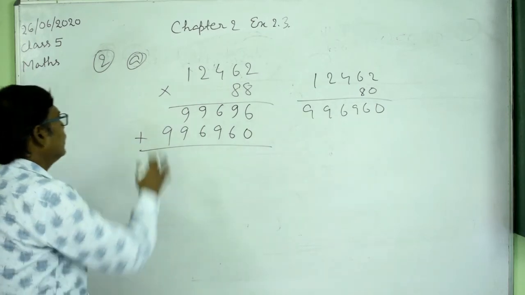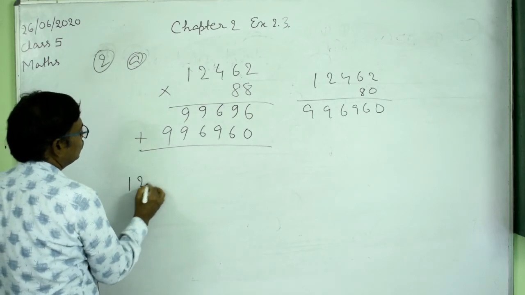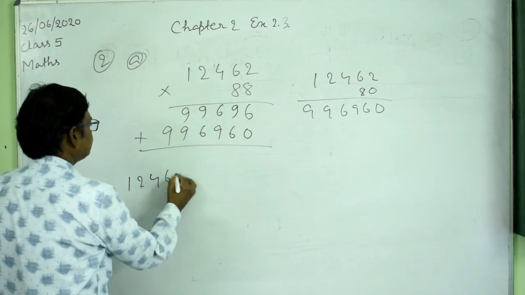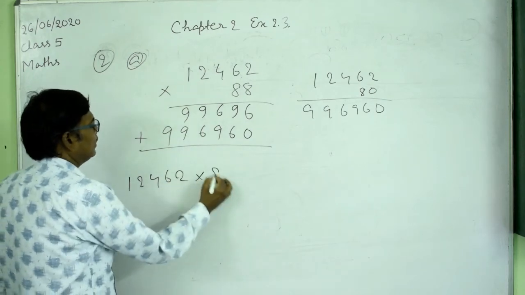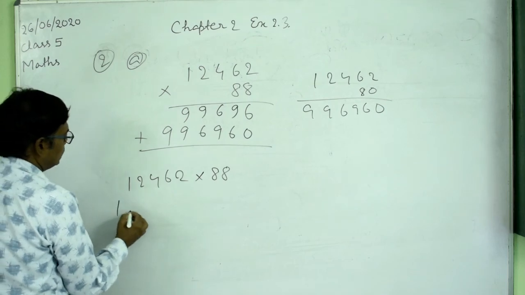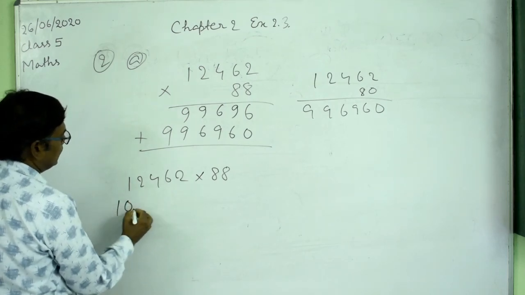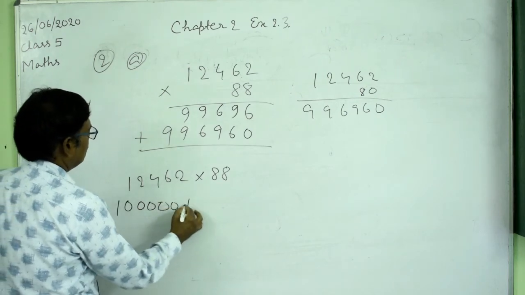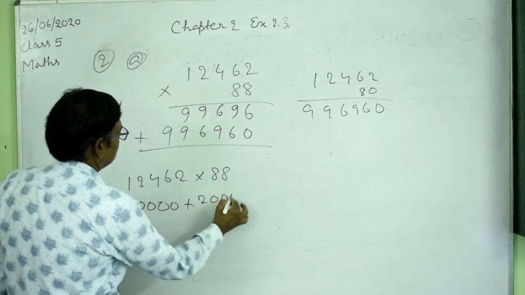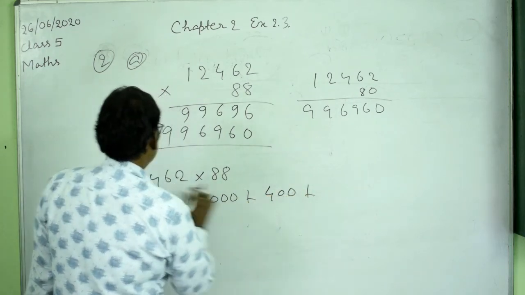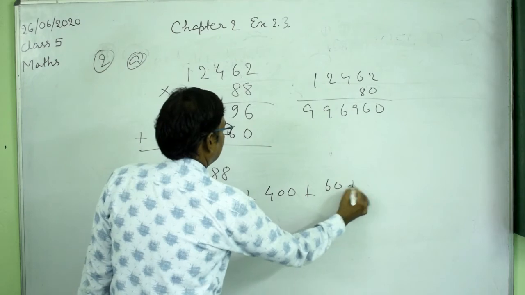Actually if you expand this number, 12462, into 88, then what do we do here? You will have 10,000, the place will have this 1, and then plus here you have 2,000, plus you have here 400 plus 60 plus 2.